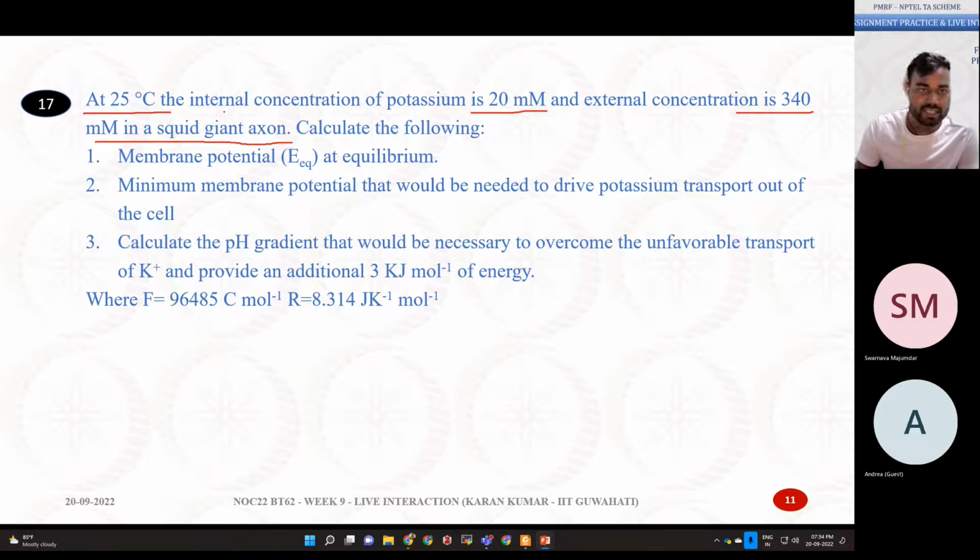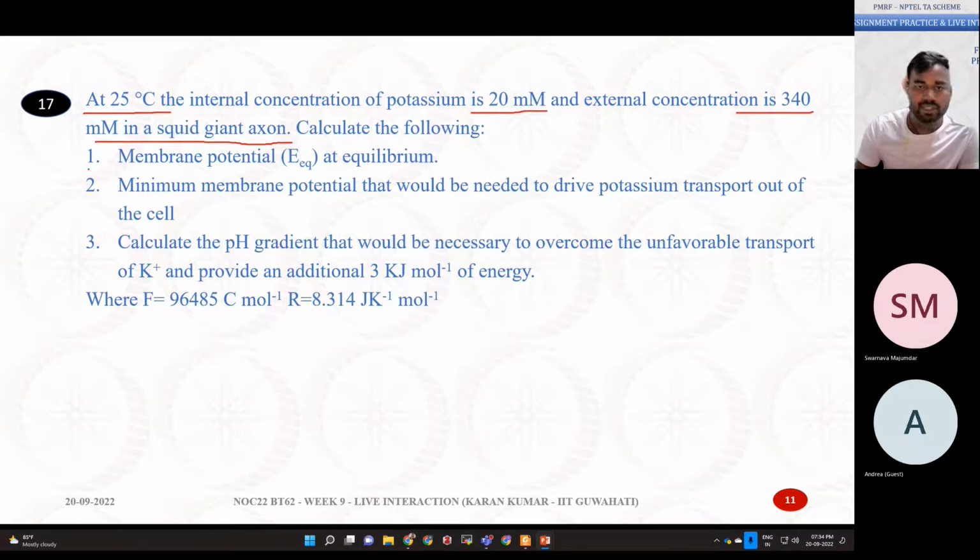What is a squid giant axon? Axon is nothing but you are talking about the neural network, right? Neurons. There you will find the axon. Calculate the following.